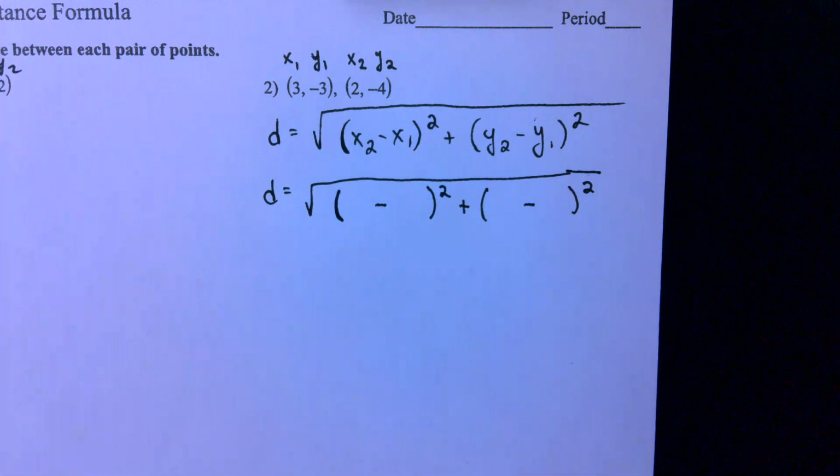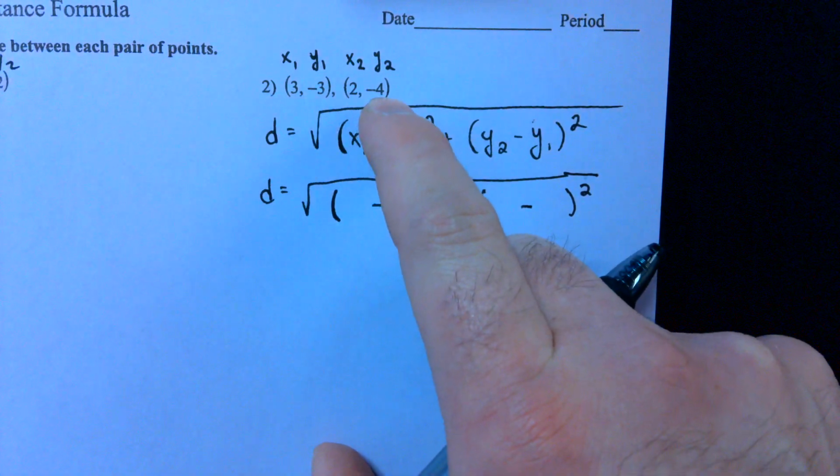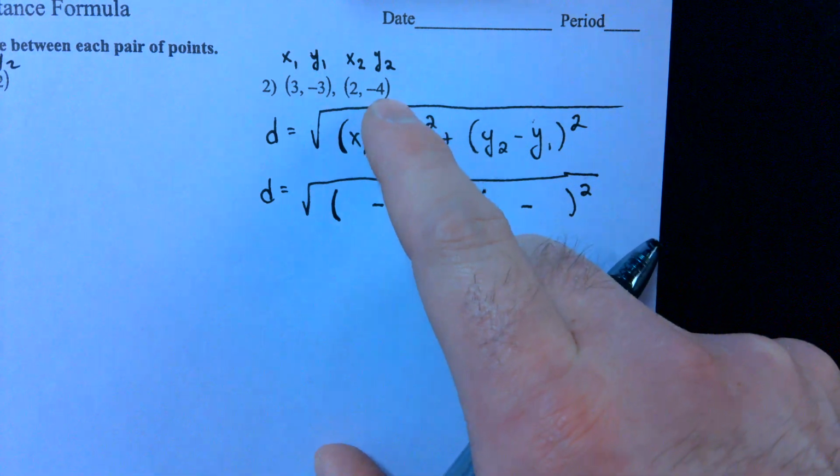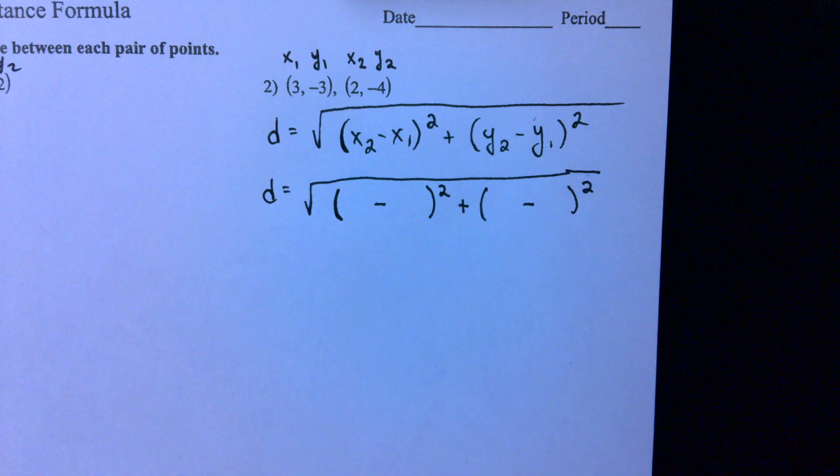Again, I'm setting up my 4-piece puzzle to make it as easy as possible for me. And because I have negative numbers in here, I have to be very, very careful about my double negatives if I have them, okay? Everybody with me up to this point?